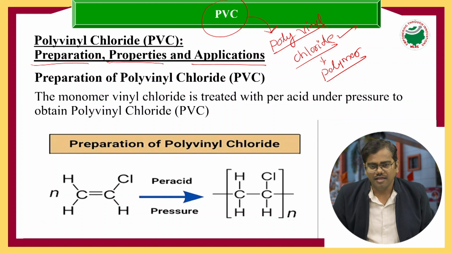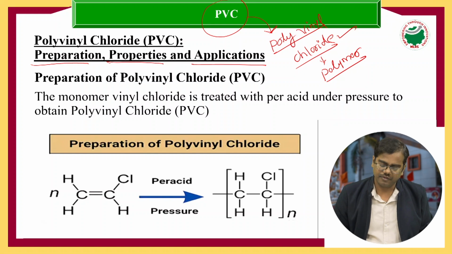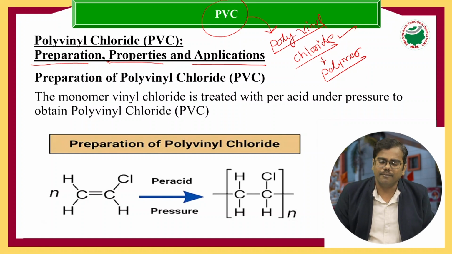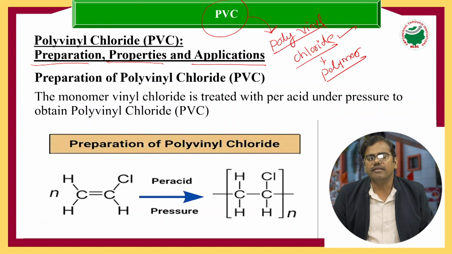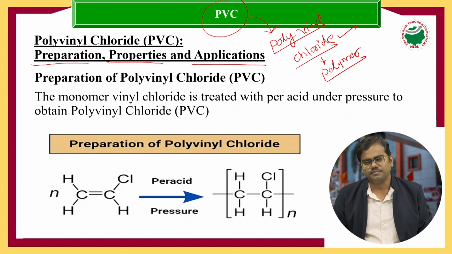Polyvinyl chloride is a polymer, and that polymer we have to prepare. In the previous classes, we have already discussed the different types of polymerizations. Among these, polyvinyl chloride polymer we can synthesize by addition polymerization.